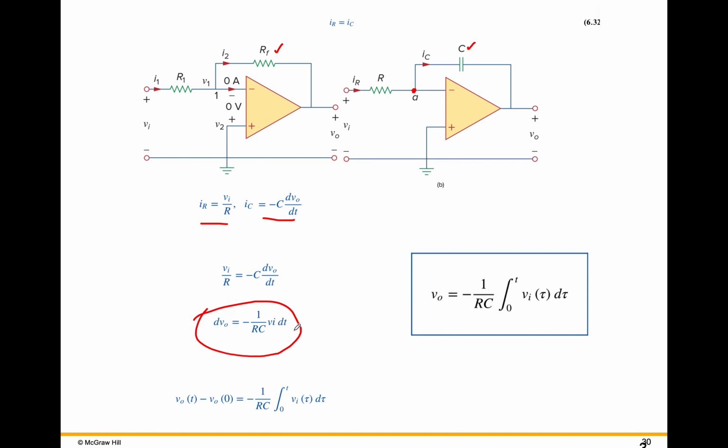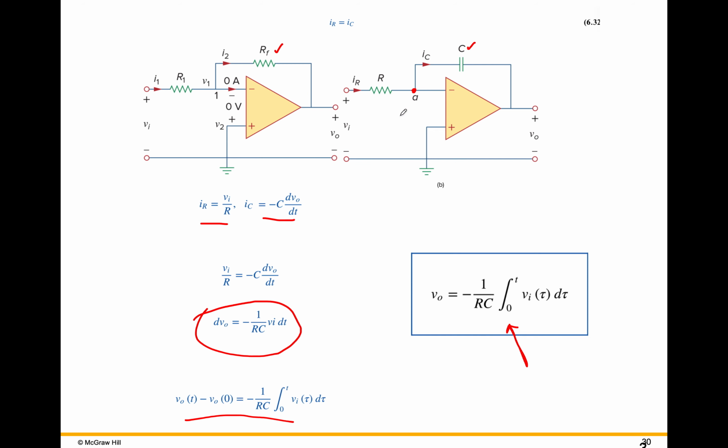Then if we integrate both sides of this equation, we end up with the following expression. Assuming we have 0 initial condition on the capacitor, in other words, the capacitor is sitting there uncharged initially, then we can write that equation as the equation that we see here in the box.